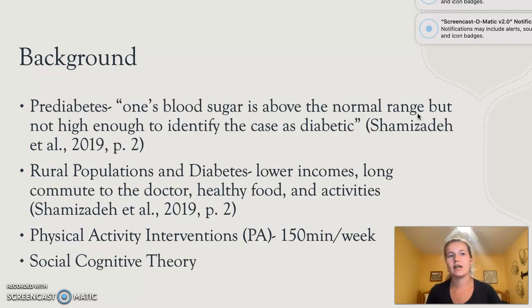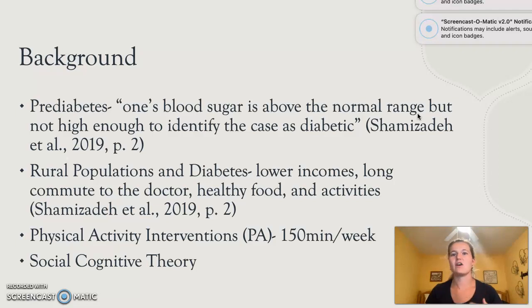Another thing I thought was important to address before going into this article is that this article is based in a rural area. And you might be thinking, why? Why do they care about rural areas? Well, rural areas often have higher rates of diabetes, and this article lists a variety of factors for why that might be the case.